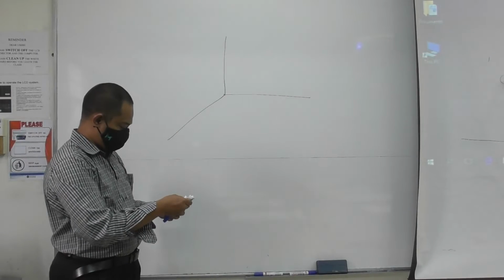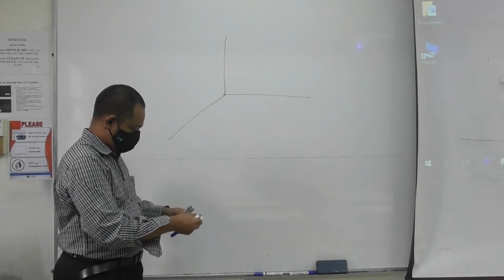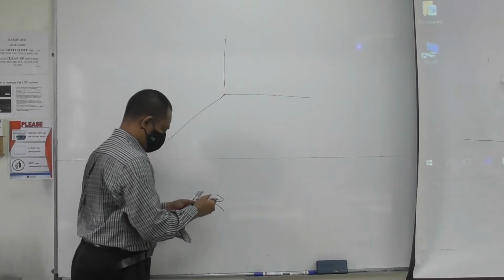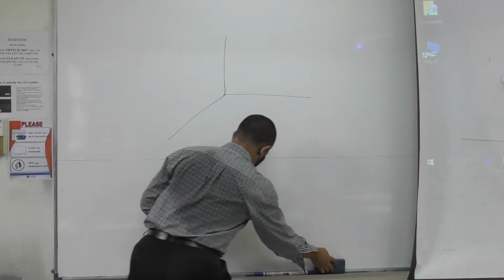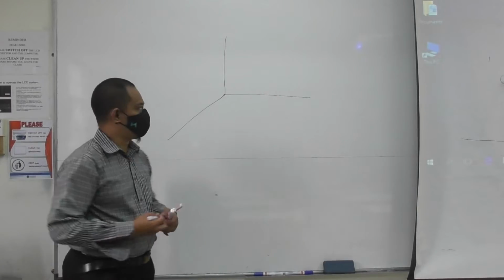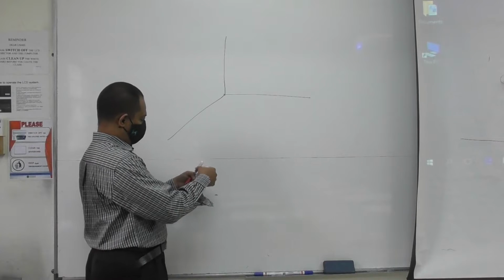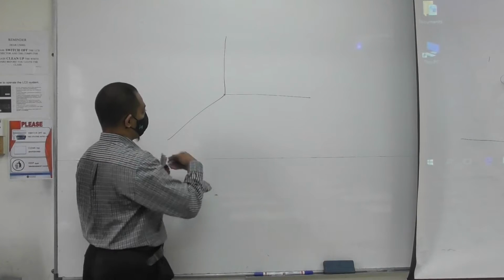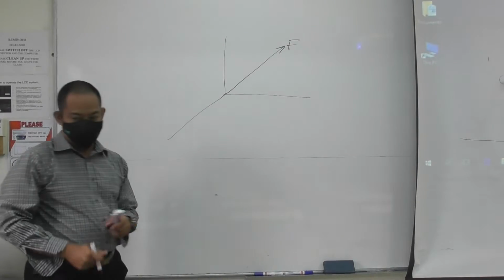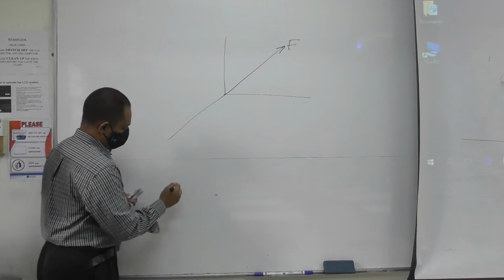Now, what is important is that whenever you have a force, let's say you have a force like this, the important thing is just to have it in terms of Cartesian vector, right?